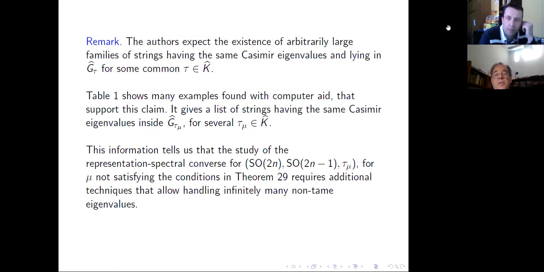So this information... The time is over. Are you concluding already? I just mentioned the study of the representation spectral converse, the last sentence. For mu not satisfying the conditions requires additional techniques that allow handling infinitely many non-tame eigenvalues. Thank you very much.